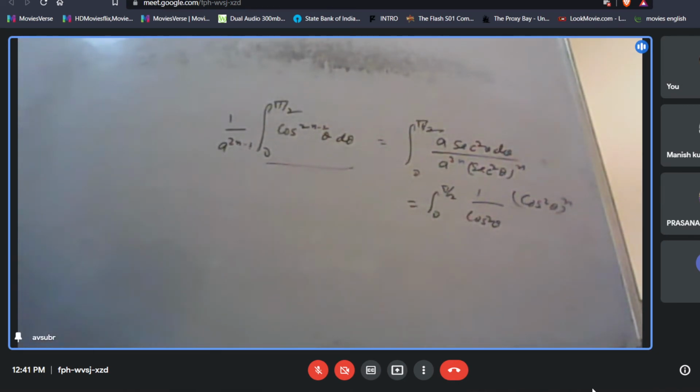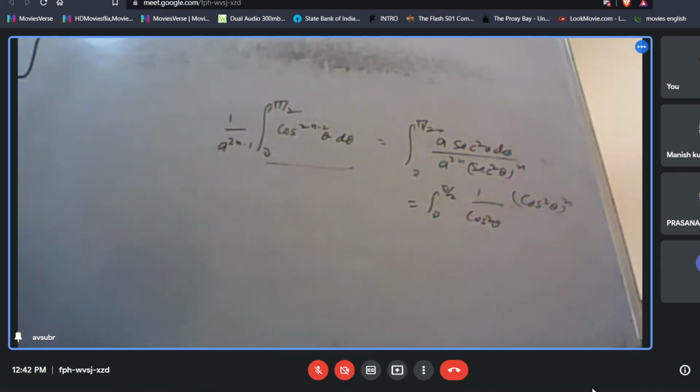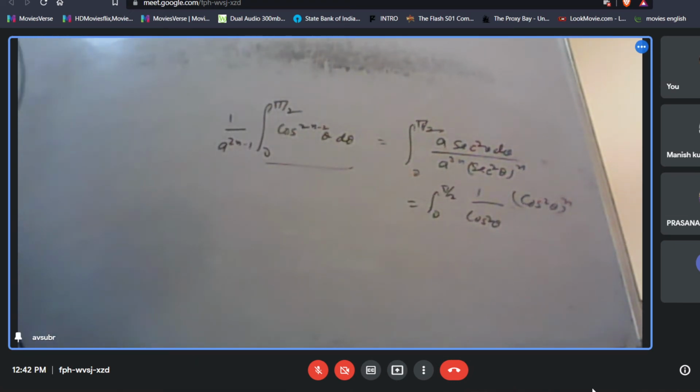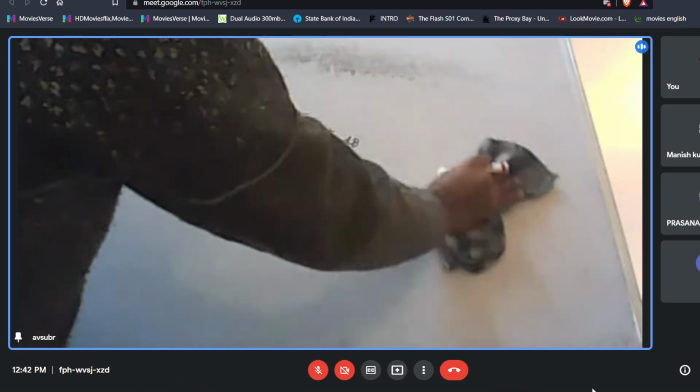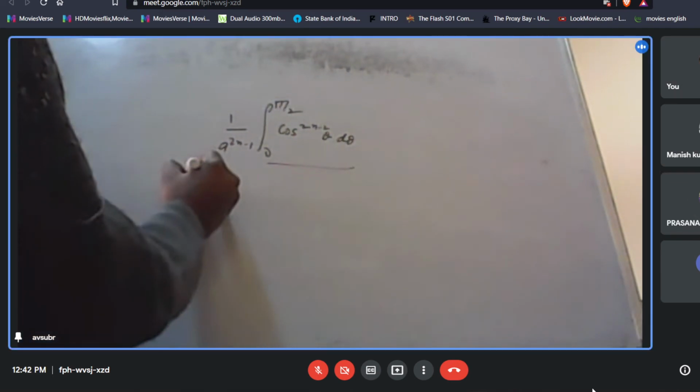The formula remains the same for both. So one can easily solve it. Once again, we have reduced it into the Wallis formula form. Clear?